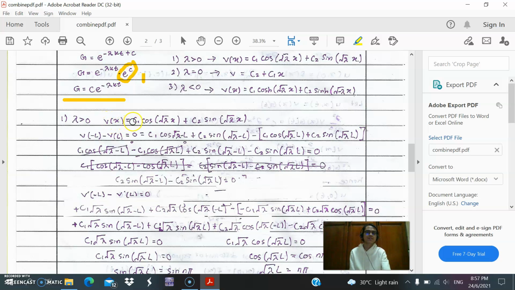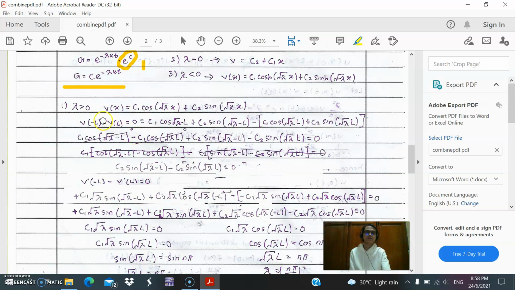So, V(x) dia C1 cos(√λ x) plus C2 sin(√λ x). Kita gantikan dengan boundary yang kita dah pilih tadi.